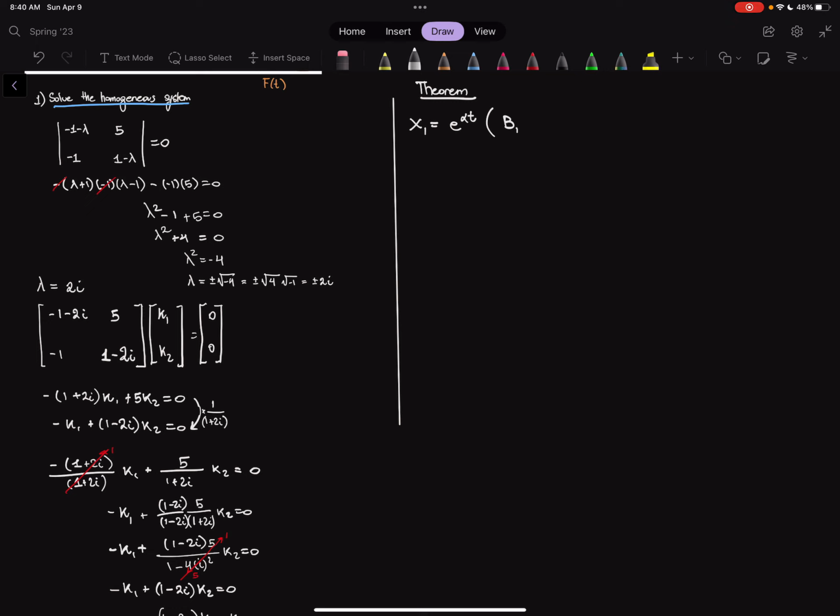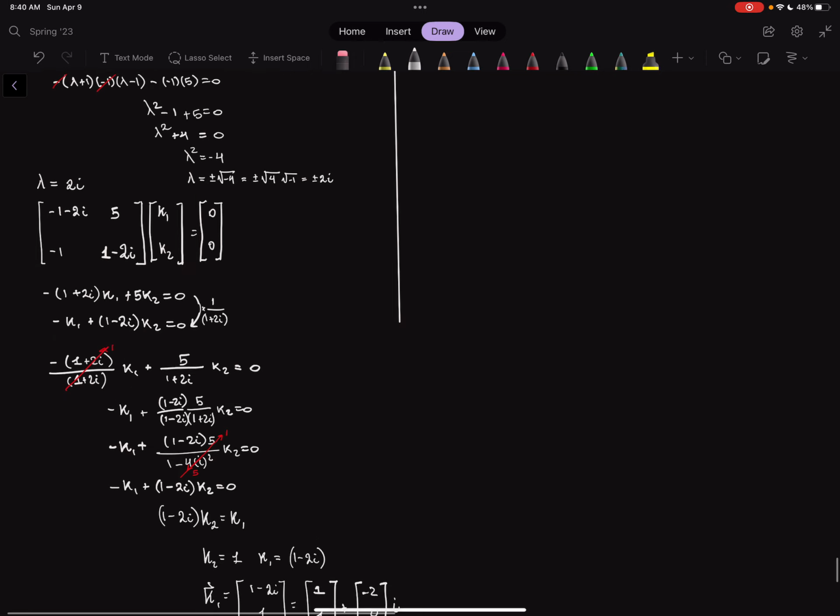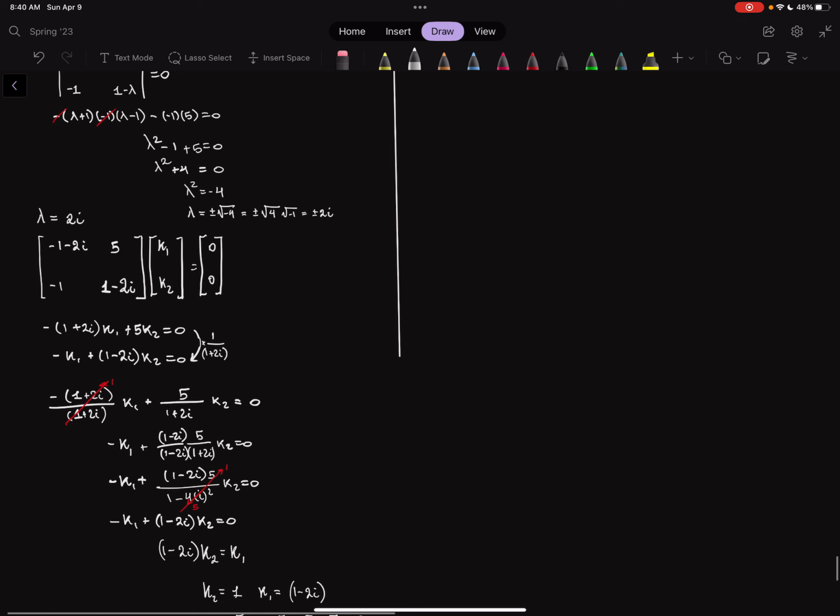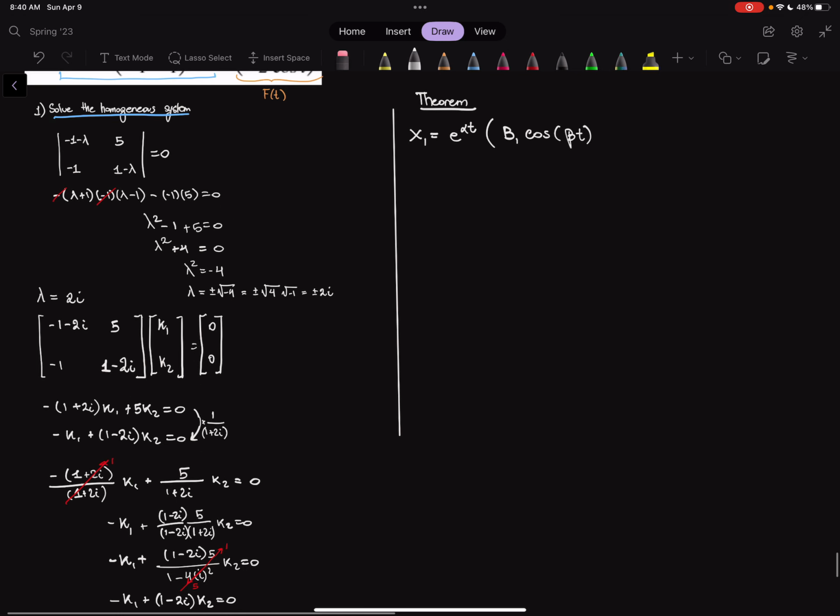So b1 times the cosine of beta t, where beta is the coefficient without the sign. I stumbled upon that one too. Without the sign in front of i. And then you're multiplying the whole thing and subtracting b2 times the sine of beta t.